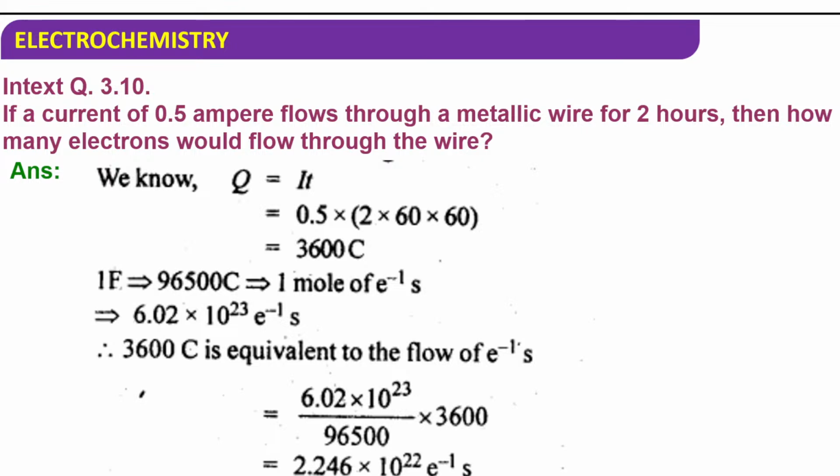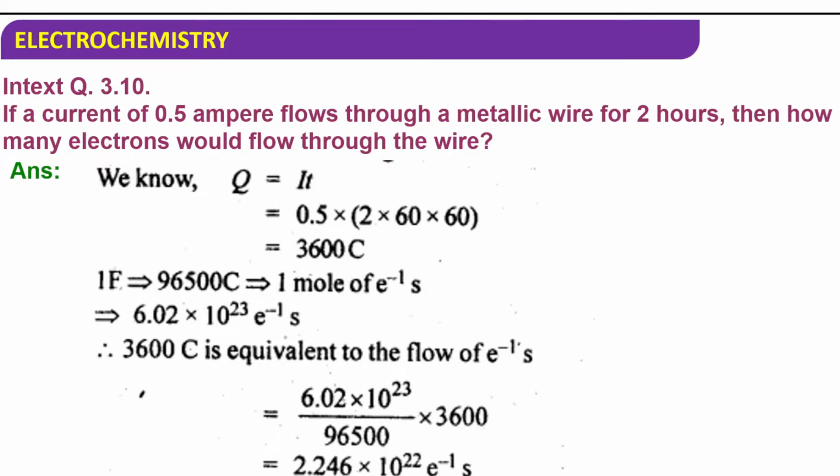And what is the charge on 1 mole of electrons? That is 96,500 coulomb. And 6.02 into 10 raised to 23 electrons are in 1 mole.